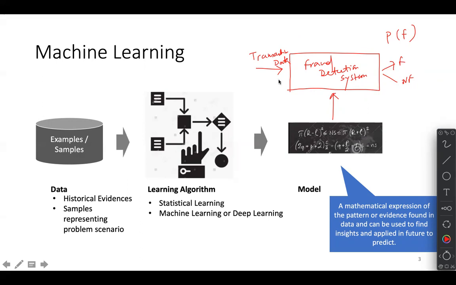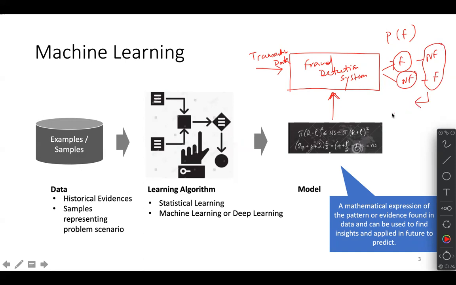But sometimes this function or this model also fails. Some of the transactions which it detects as a fraud can actually be not a fraud, and those it detects as not a fraud can also be a fraud, and those get captured as user reports.